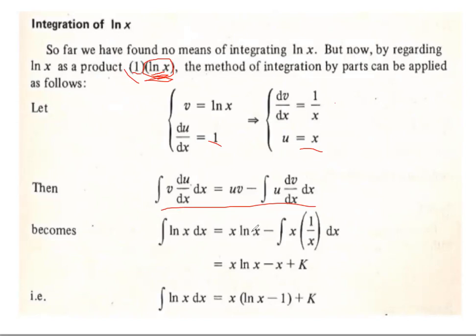We get x ln x minus the integral of x times 1 over x. This cancels out, you can see that, and you get 1. So when you integrate 1, you get x. So your answer is x ln x minus x plus C. Very, very smart. Follow that?